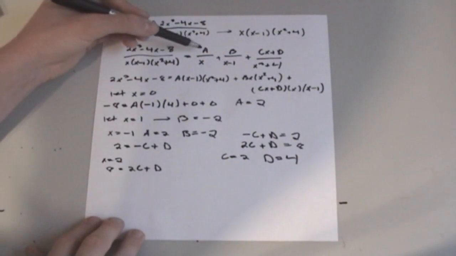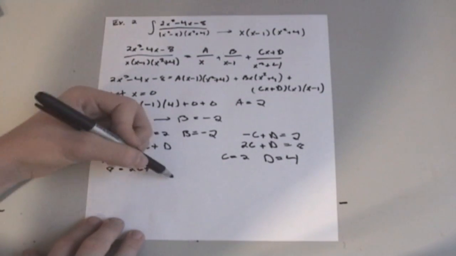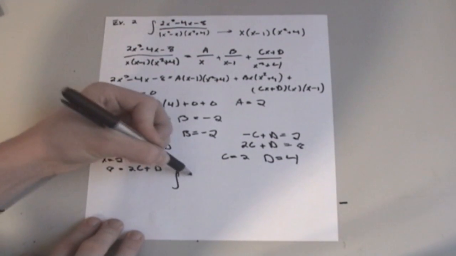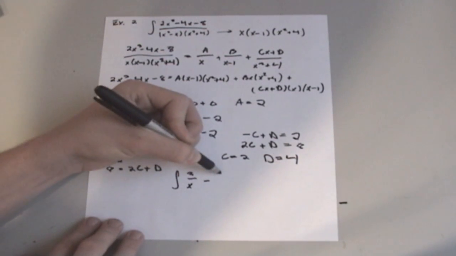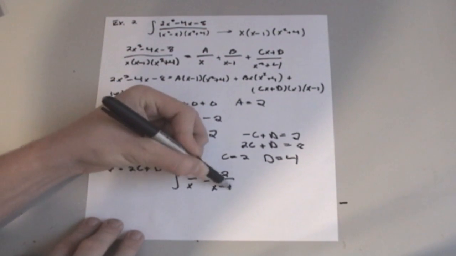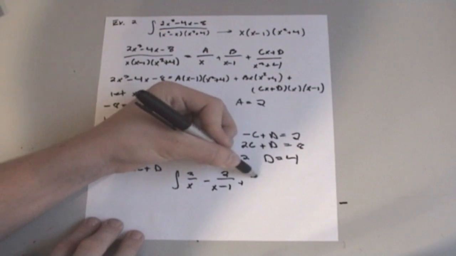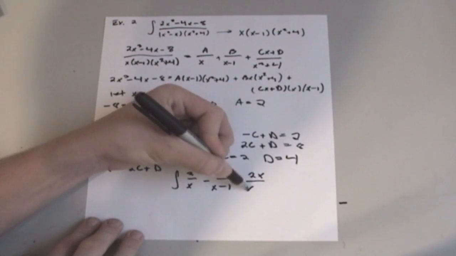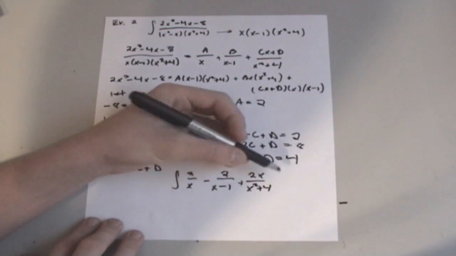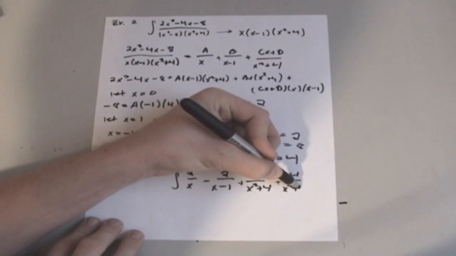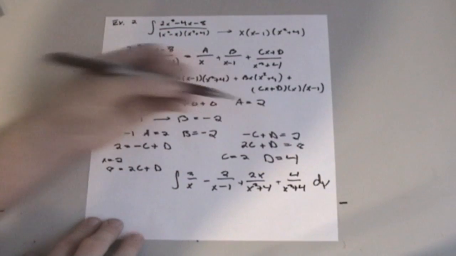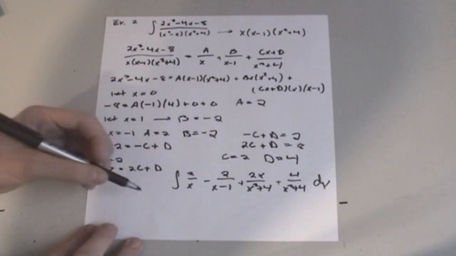We plug that back into the top up here. It gets us the integral of 2 over x minus 2 over x minus 1 plus 2x over x squared plus 4 plus 4 over x squared plus 4 dx. And just do the integral of these.